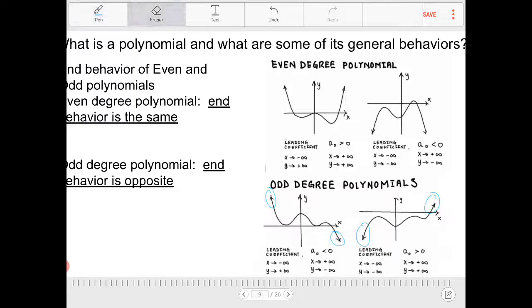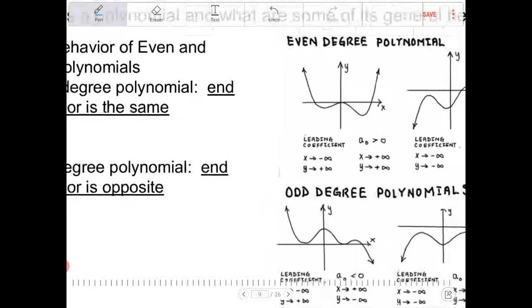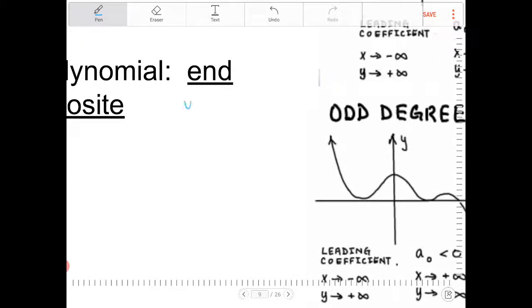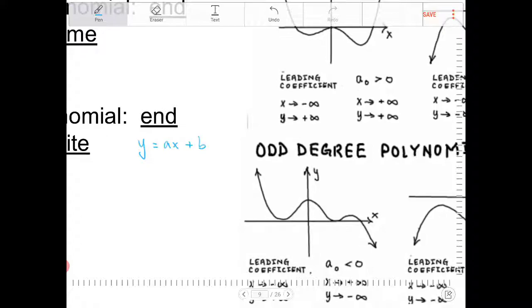Does this kind of behavior apply for linear equations? Absolutely, because if I have y equal to, let's say, ax plus b, where a, again, is the leading coefficient here, we also understand that a in this context behaves like a slope value for a linear equation.